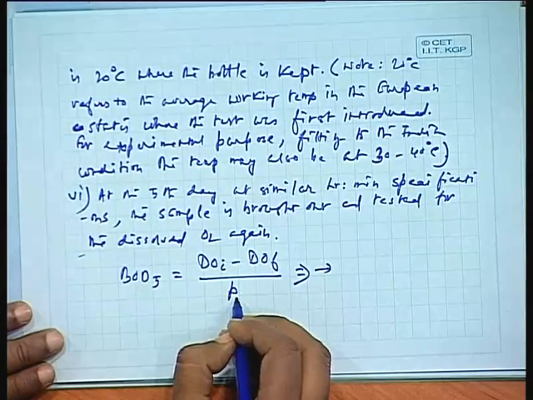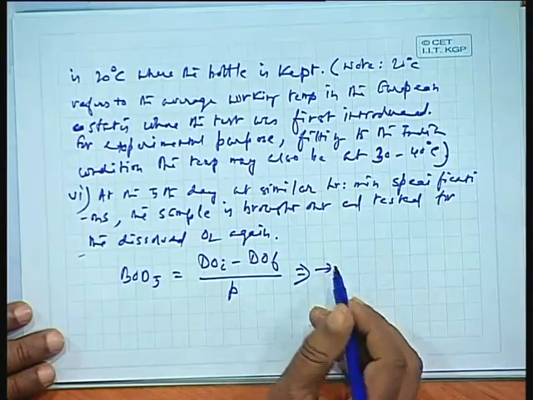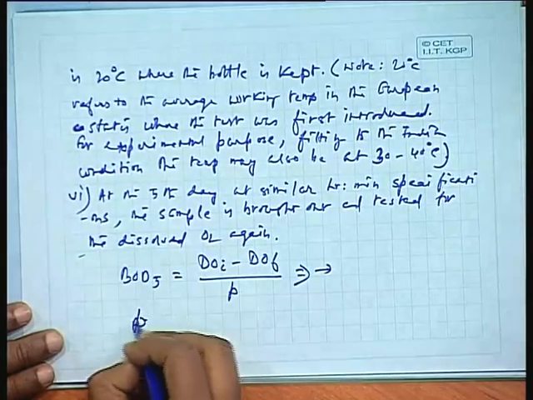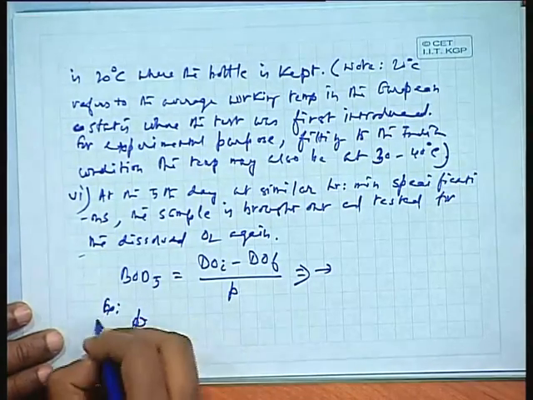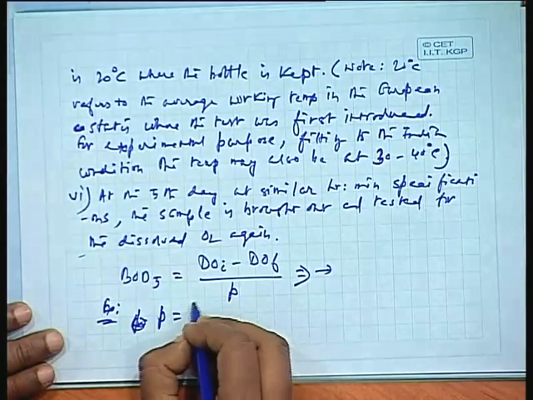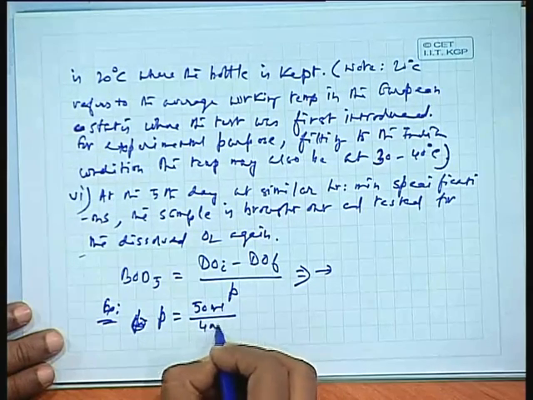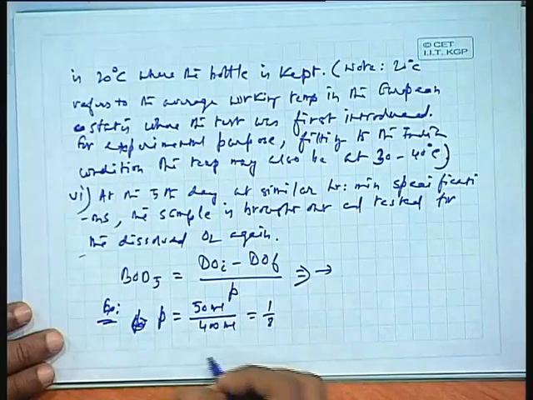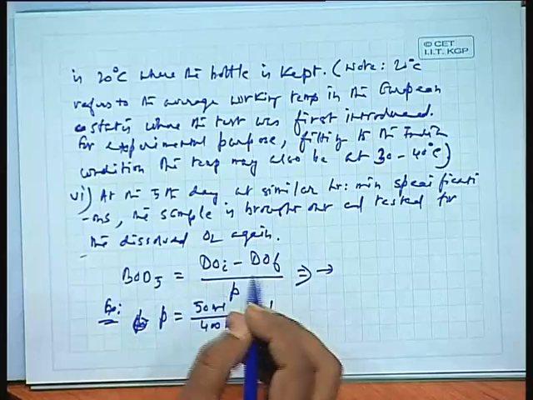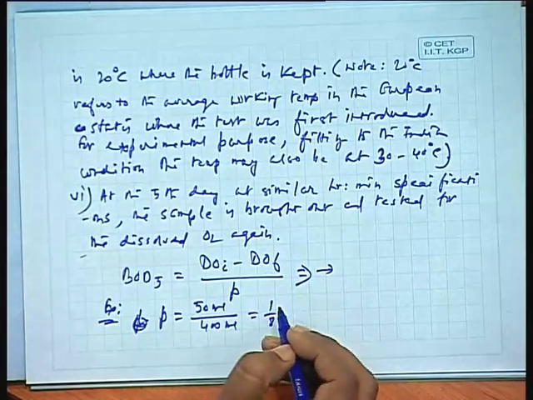If you are taking about 50 ml and making it up to 400 ml, P is 1 by 8, so BOD would be multiplied by 8.